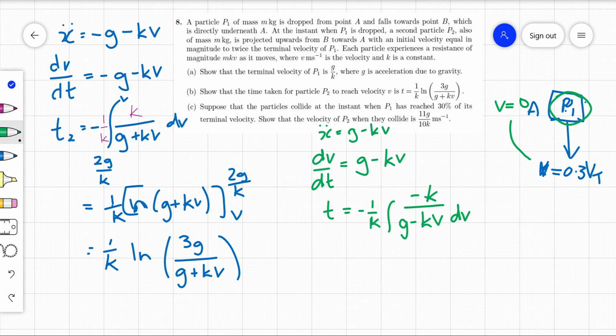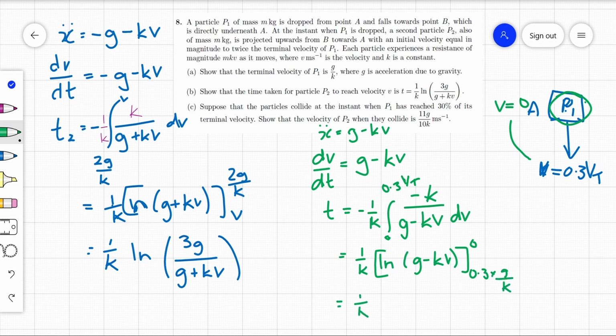And remember our velocity is going from 0 up to 0.3 of that terminal velocity, g on k. What do we get? Again I'll change the limits around, so we get log of g minus kv, and our limits are the other way around.